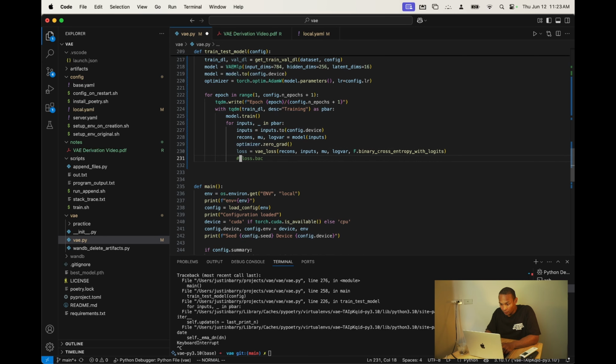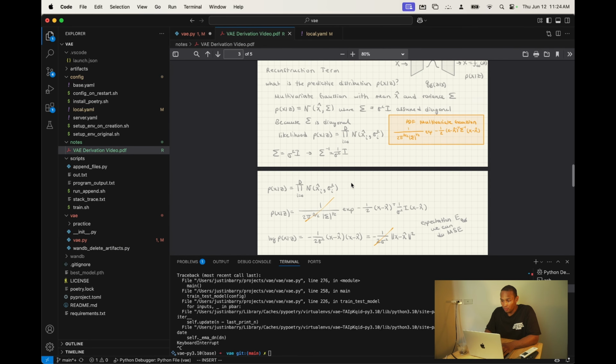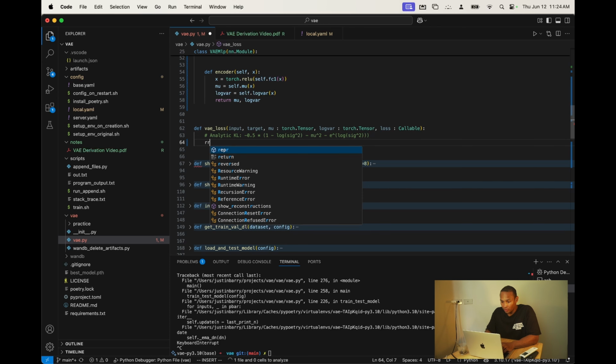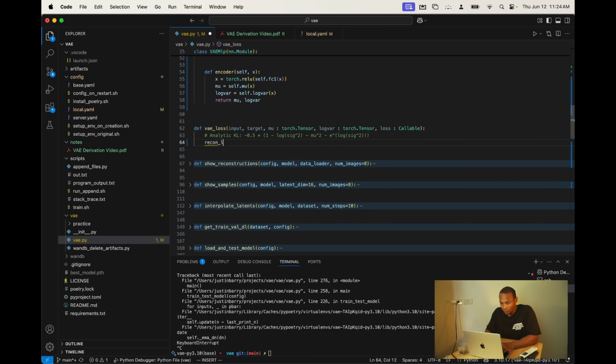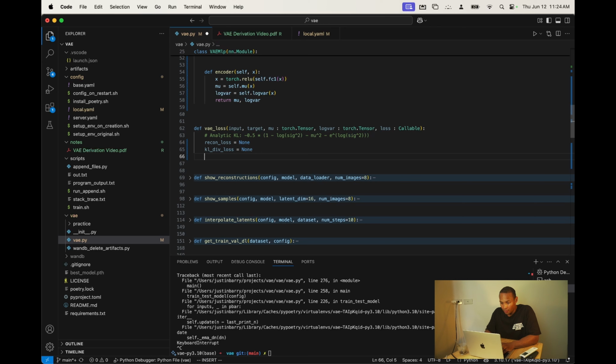Okay, so let's go to loss now. What we need is reconstruction loss, KL divergence loss, and then the real loss, and we're going to return the reconstruction loss plus the KL divergence loss as a mean.